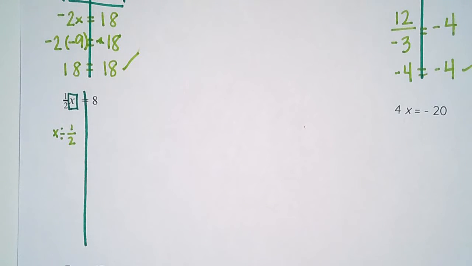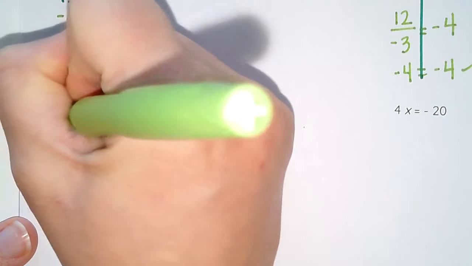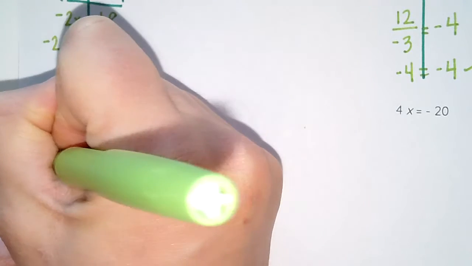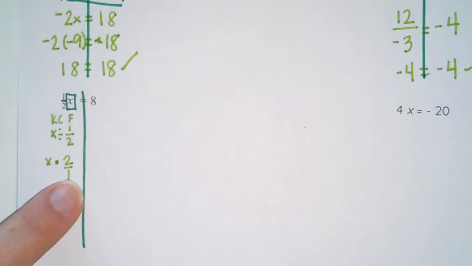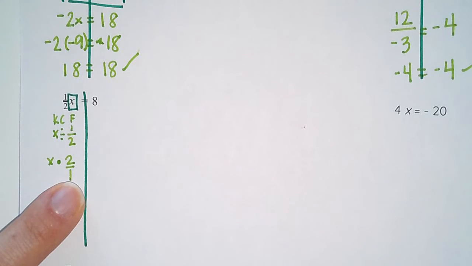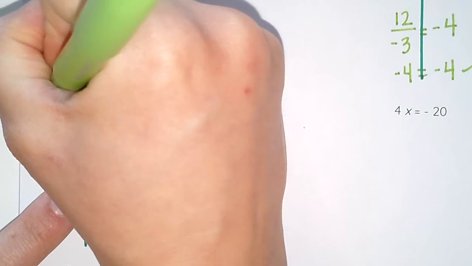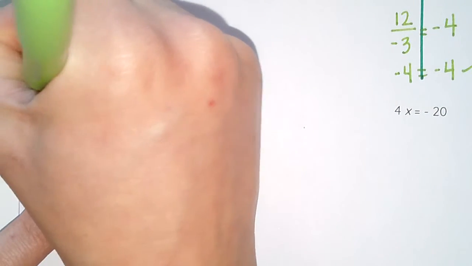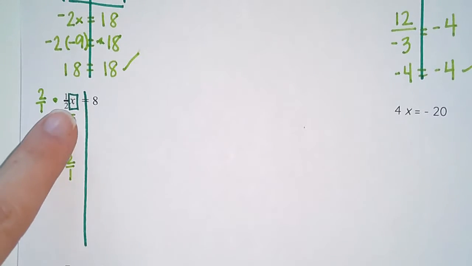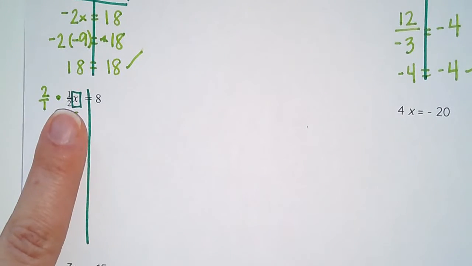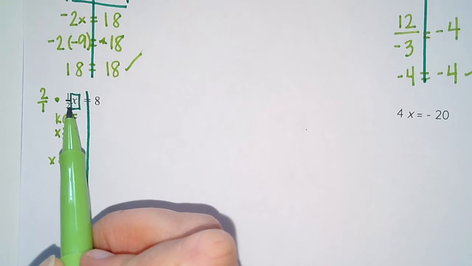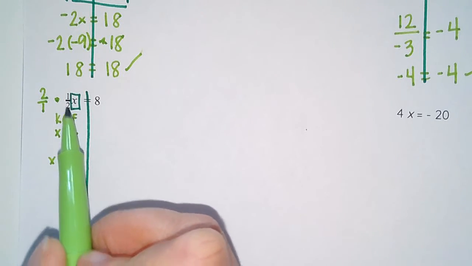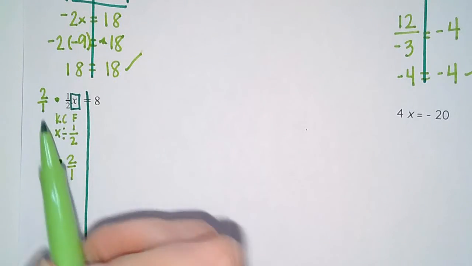But what that really means using KCF is that I keep my x, multiply by the reciprocal. So actually what I'm doing here is multiplying this by 2/1. So this part I don't need to show, but I do need to recognize that when I'm inverting a multiplication of a fraction, I actually multiply by the reciprocal.